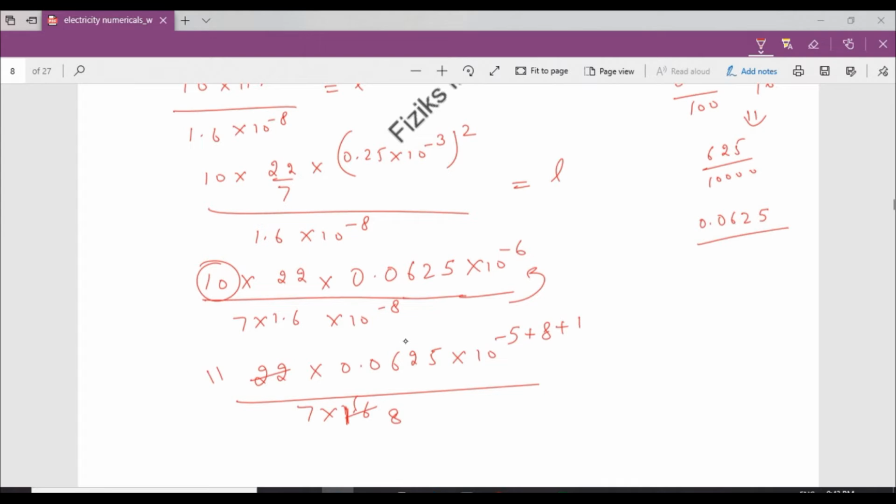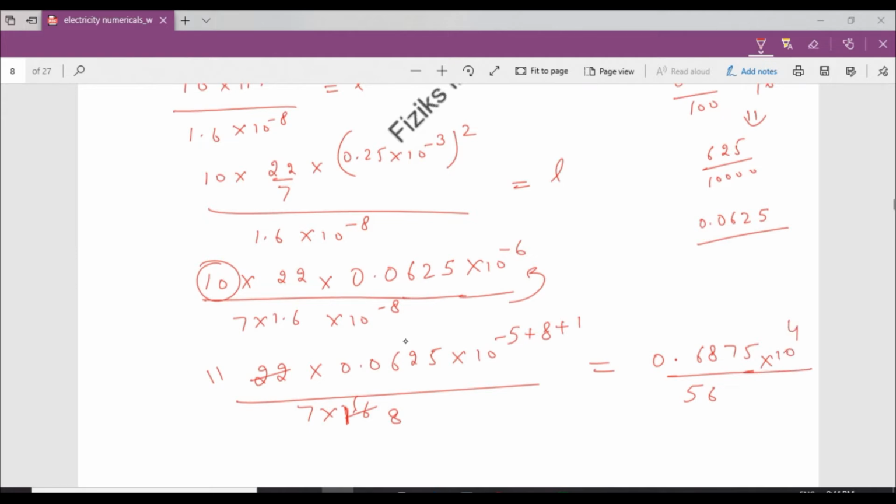No, it doesn't go. So okay, so we just try to solve it, simplify it. 7 8s are 56, it also doesn't go. Okay, so we are getting it as 0.0625 into 11, so it will be 0.6875 divide by 56 into 10 raised to the power 8 minus 5, 3 plus 1, 4.